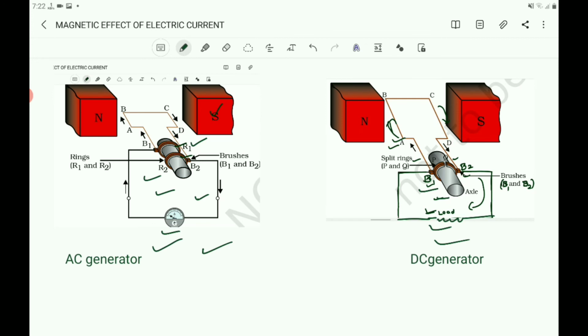Also, the generation of AC is more economical than DC. The alternating current can be transmitted to distant places without any significant line loss.